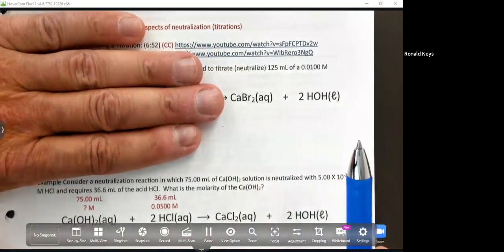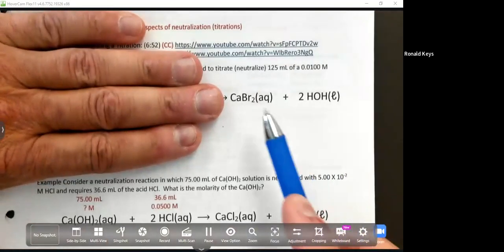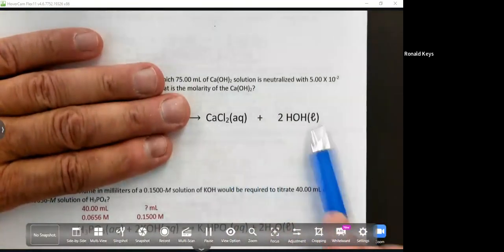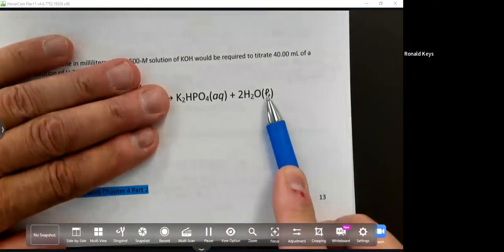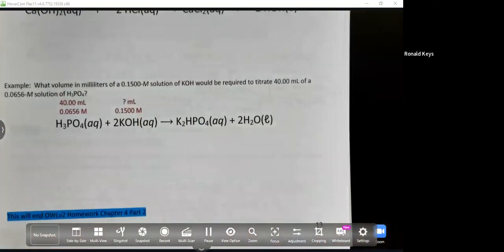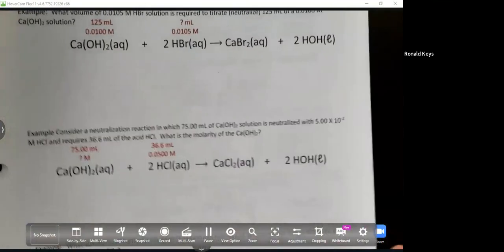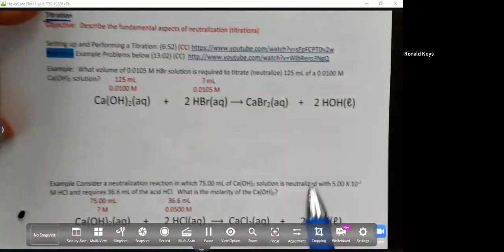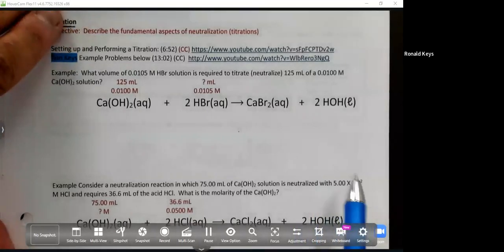Everything is neutralized for lab. You have a salt and water. And down here, you have a salt and water. So for lab this week, you're doing titrations. You're going to add exactly the correct amount, so there's no excess.